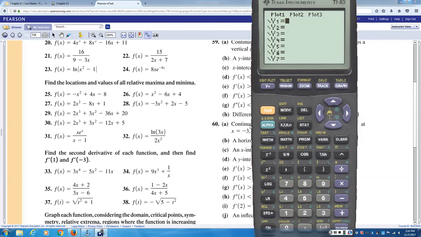So y1 is equal to the quantity, whoops, keep forgetting I can't use parentheses on the keyboard, the quantity x times e to the x divided by x minus 1. Now, I'm not really interested in the values of that particular function, and I will graph it, but not right now. I want you to go to y2.